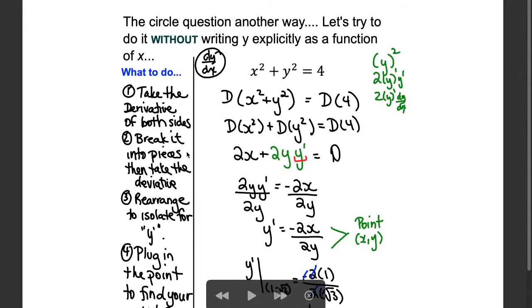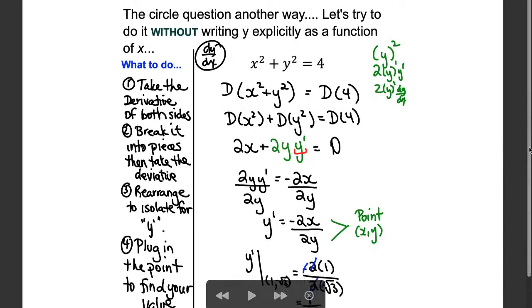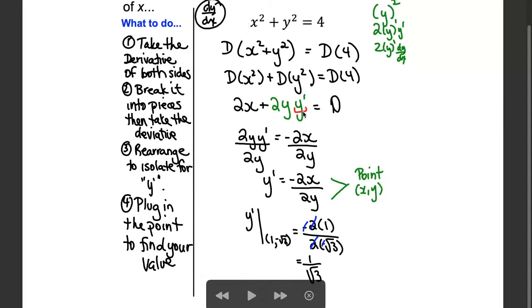So I broke it into pieces and I took the derivative of each piece. So now I have an expression that has y prime in it. And remember, that's what I'm trying to find. So what I can do is rearrange this equation and isolate for y prime. So I'm going to subtract 2x from both sides. So I'm going to have 2y y prime equals negative 2x.